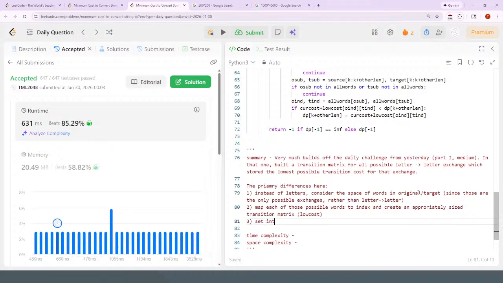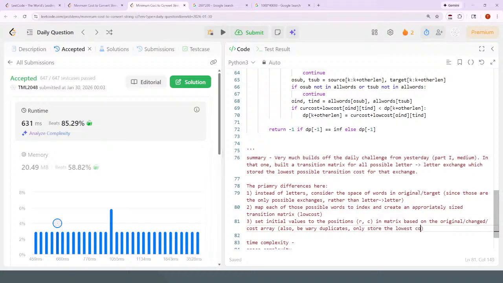Set initial values to the positions, the row and column indices in the matrix based on the original, changed and cost array. Also, be wary of duplicates. Only store the lowest cost.